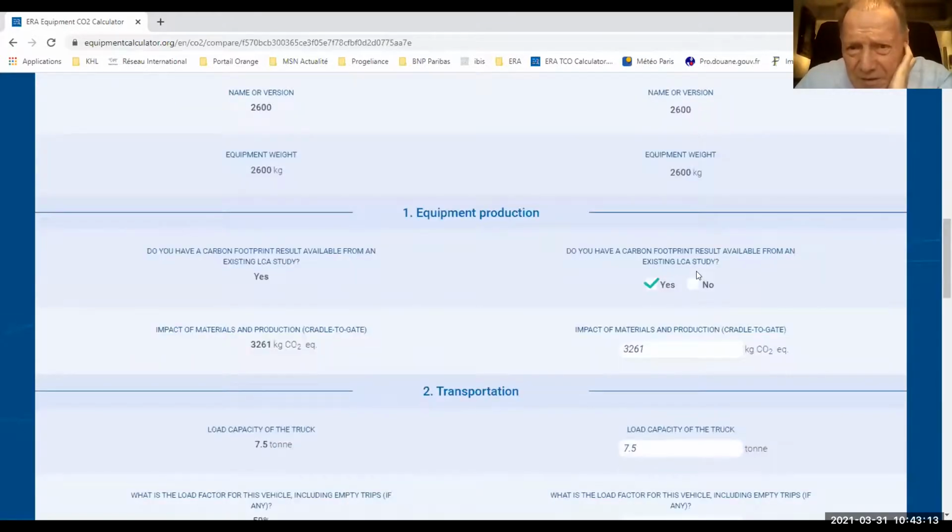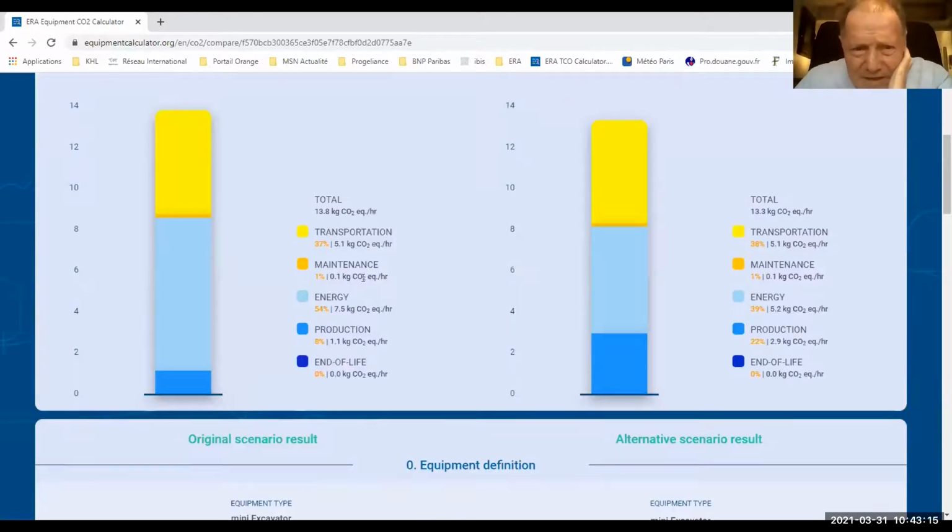If we go right to the show, instead of emitting 7.5 kilos with fuel, by the way, it was a fuel with 5% biofuel, but we have to work much harder on this calculator to refine the type of fuels, because there are so many.